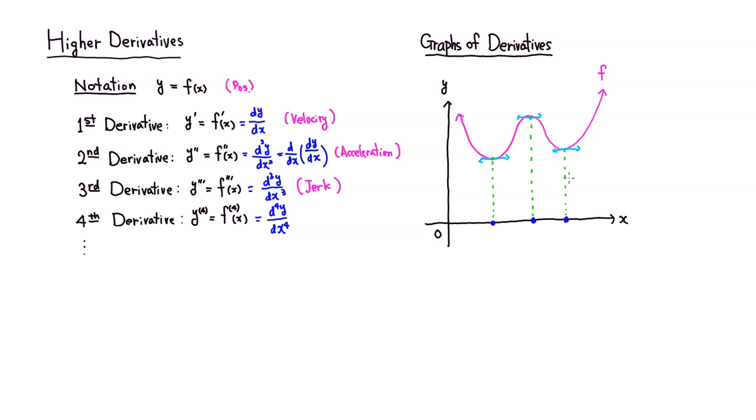Next, it tells you about the slope. Here it's coming down, which means that it's negative, so the derivative is below the x-axis. Here it's going up, so the derivative is positive, so it goes above. Here it's going down, so it goes below. And here, going up, it goes above.